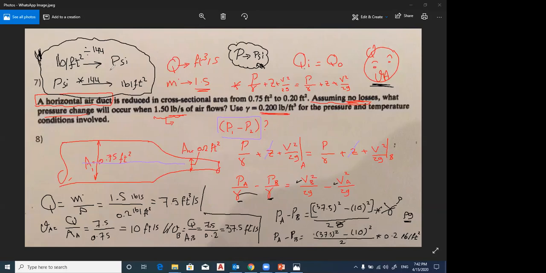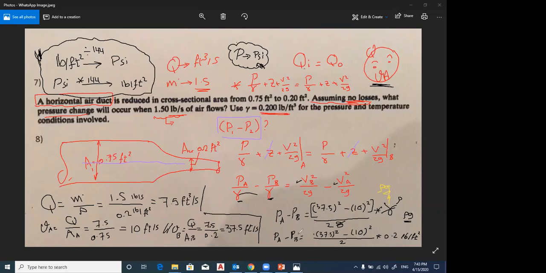One more time, that 0.2 is the value for gamma, right? So gamma divided by G. Gamma is equal to rho G. Yes, gamma is equal to rho G. And this one is rho, gamma divided by G is equal to rho.